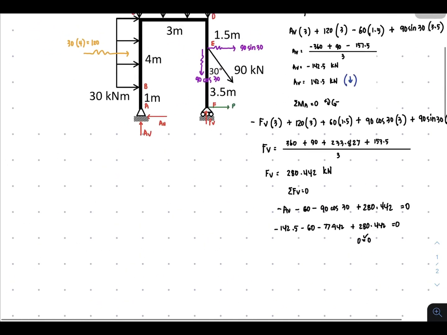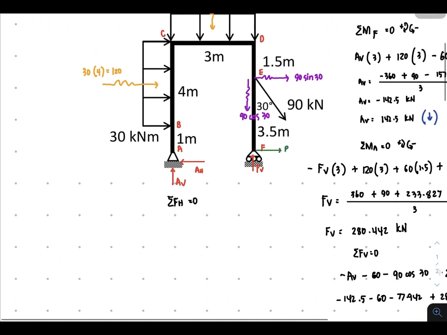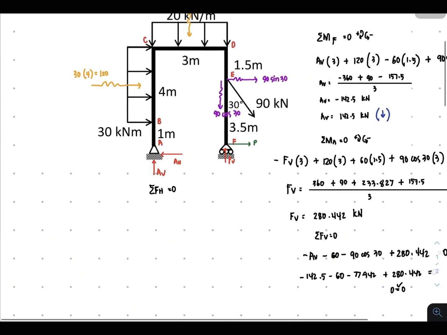And also do not forget that we have to get the summation of forces horizontal equal to 0. You have AH negative plus P plus 120 plus 90 sine of 30 equal to 0.